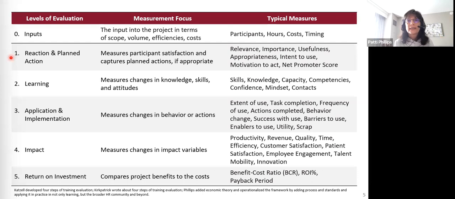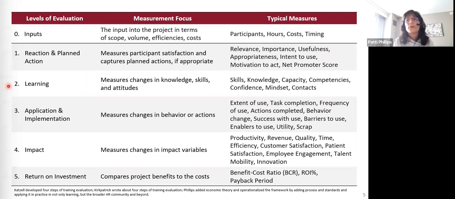Are they buying into it? And that's the first indicator that people will actually do something with what they learned, whether or not they're buying in. Do they even agree that this is the right direction? So we need to capture these data as we're implementing programs so that we can ensure that we get their buy-in, that we do position it as relevant to their job or relevant to whatever their needs are.